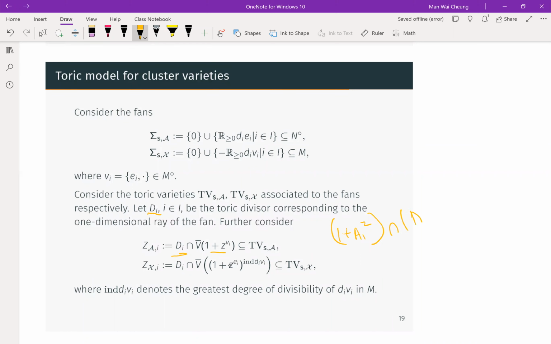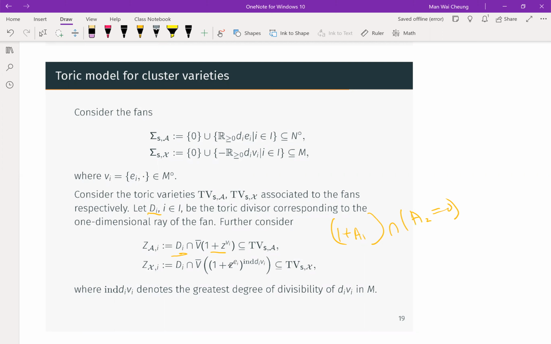So A2 is 0. That's why in my example in the beginning I do the point minus 1, 0, which is something like this, 0, minus 1 in my example. But it's very precise.